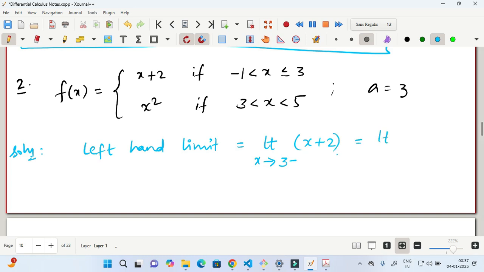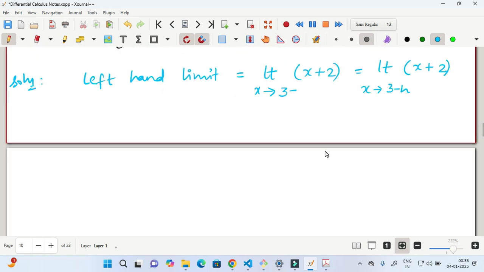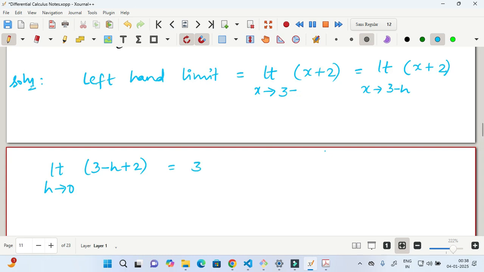We can write limit x tends to 3 minus h of x plus 2, which is equal to limit h tends to 0 of 3 minus h plus 2, which is 3 minus 0 plus 2, equal to 5.